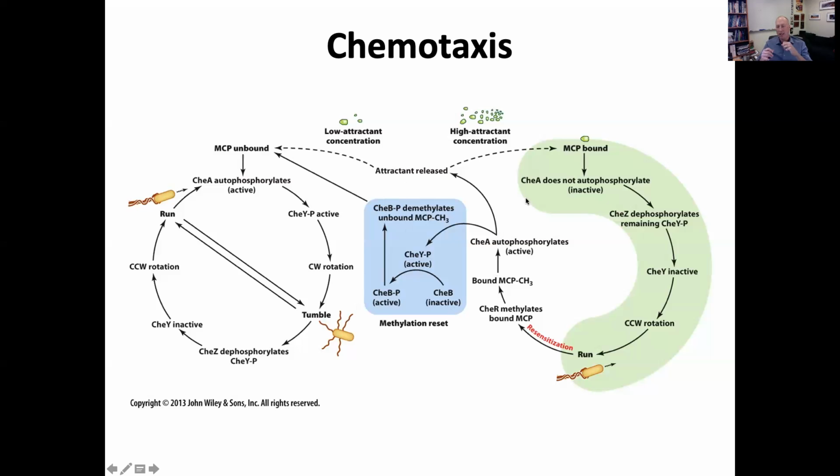Essentially, CheR and CheB maintain a dynamic equilibrium that allows the MCP to respond to a wide dynamic range of attractant concentrations. So rather than just having one set point, the set point keeps changing so that the cell can sense a larger concentration gradient.